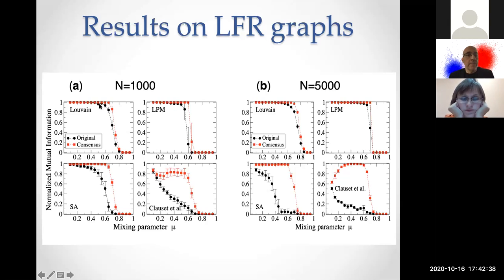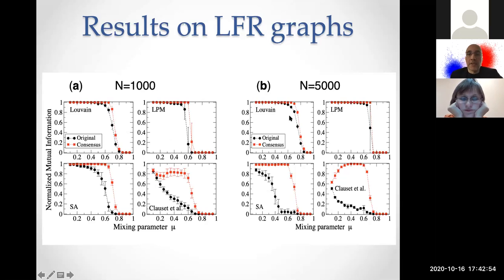So as you see, the consensus partition is generally better. I mean, you see the quality of the performance decays later than the performance of the original algorithm applied directly on the data.